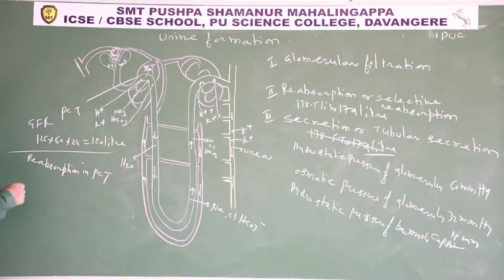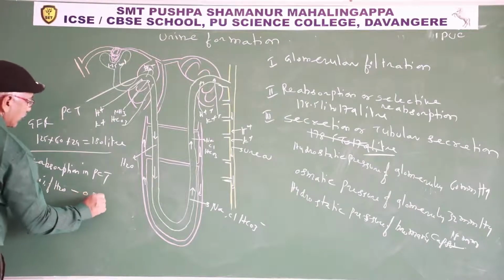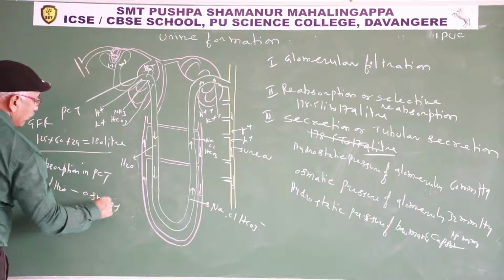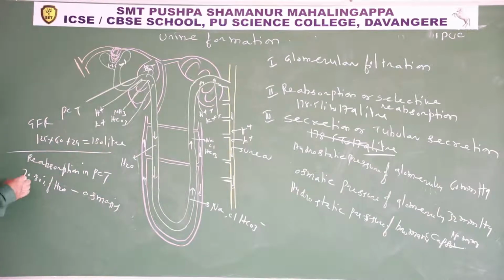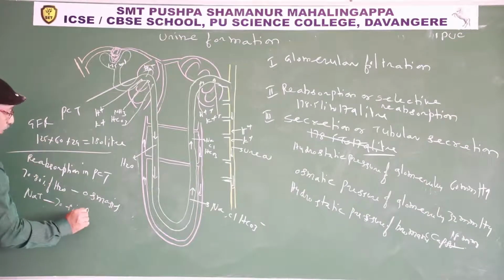Sodium: 70 to 80% of sodium present in the primary urine is transported actively. Active transport means after spending energy, only sodium enters into the peritubular network. 70 to 80% of water enters into the peritubular network.